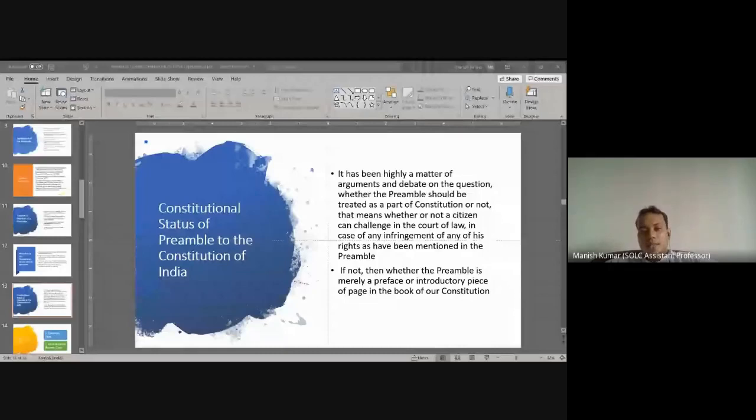What it means is whether or not a citizen can challenge in a court of law any infringement of the rights mentioned in the preamble, whether they can approach the court or not. If not, then whether the preamble is merely a preface or introductory page in the book of our constitution.